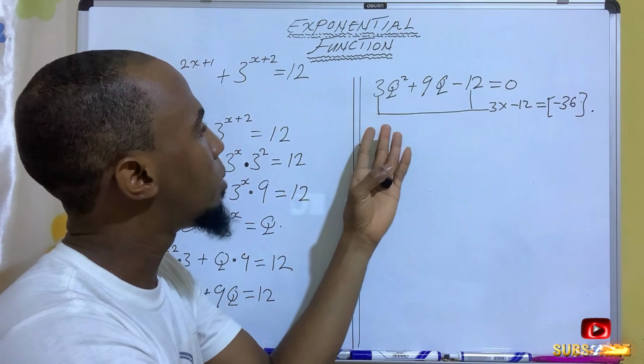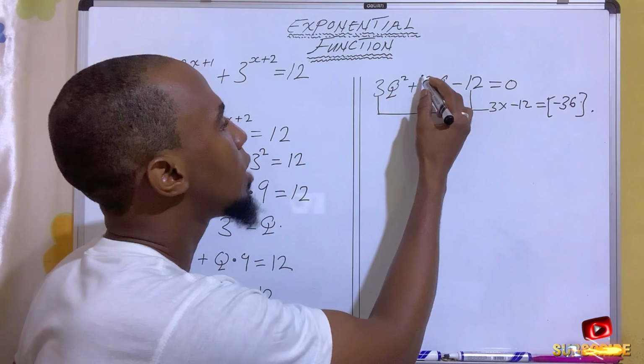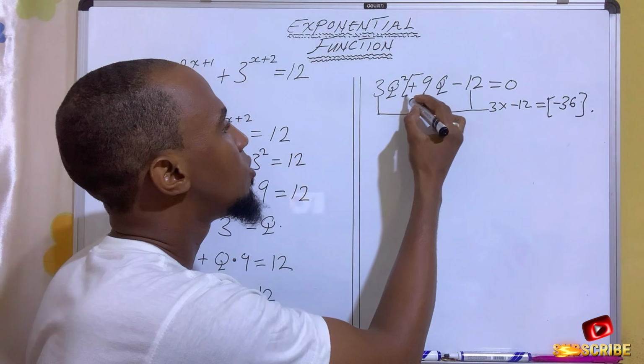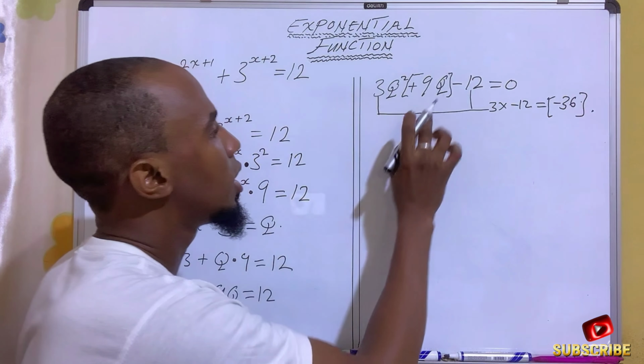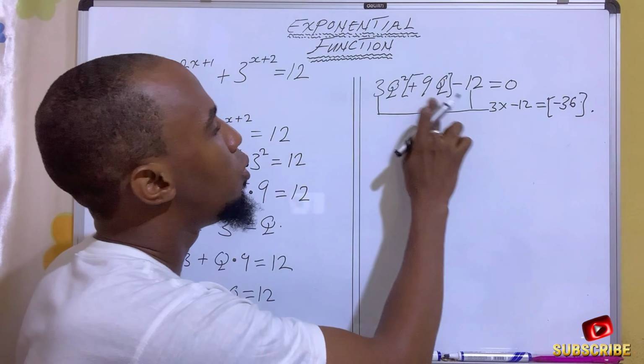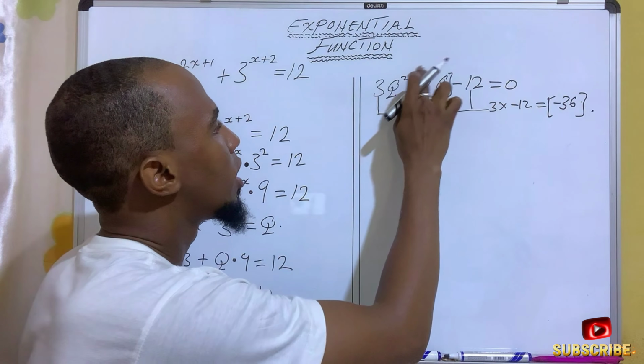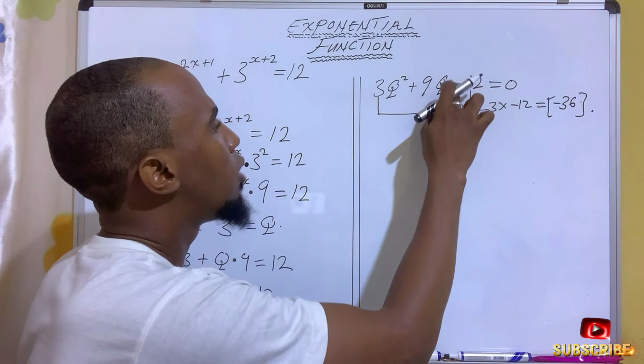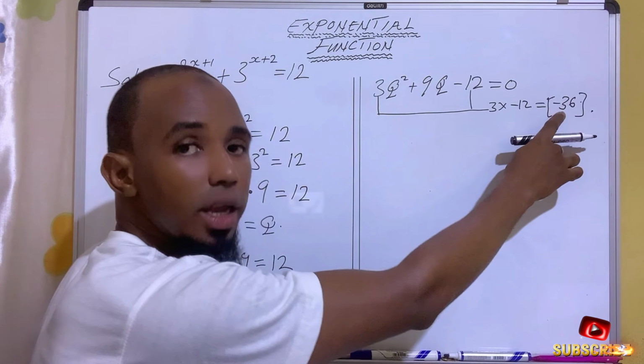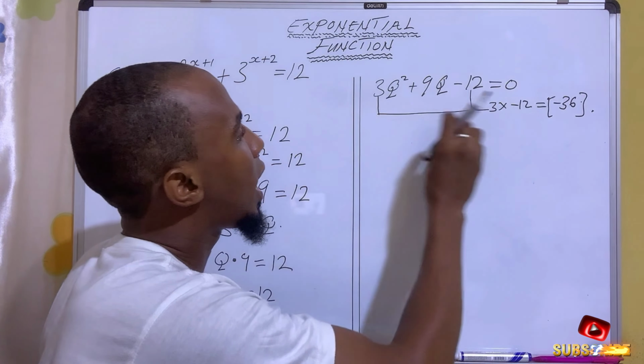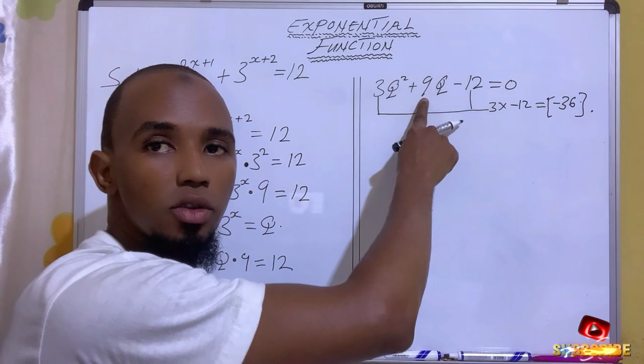The two numbers that we are going to find, because we want to replace this middle term, we want to replace it. In order to replace this, we need to find two numbers. When we multiply those two numbers, we are going to have negative 36, and when we add the two numbers, it's going to give us plus 9.